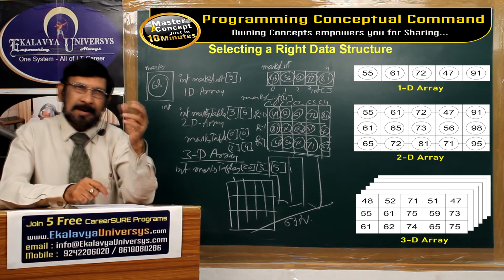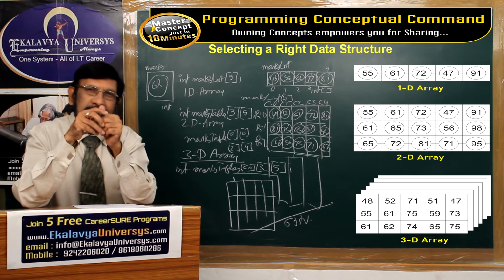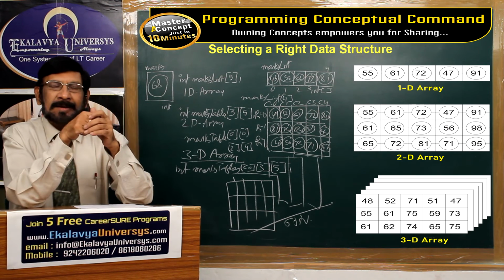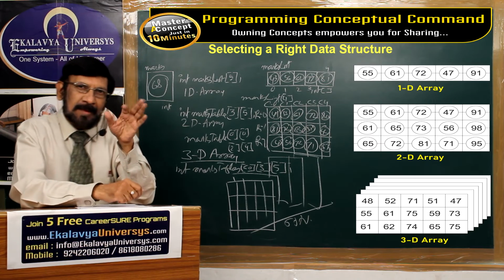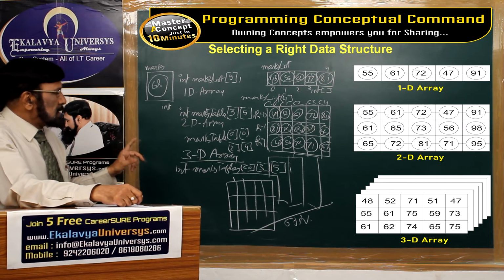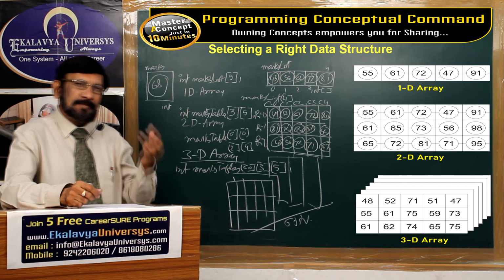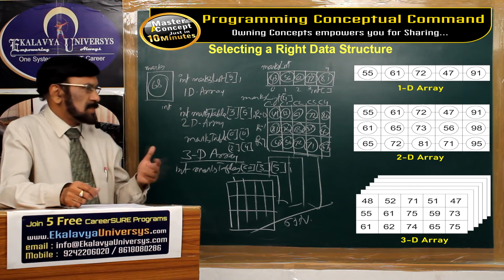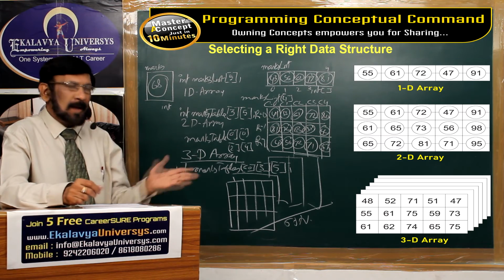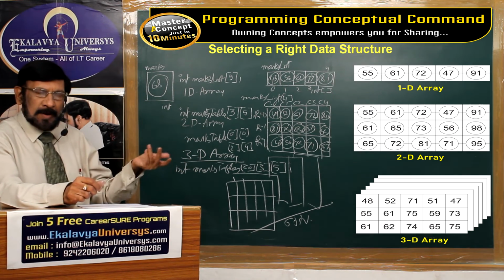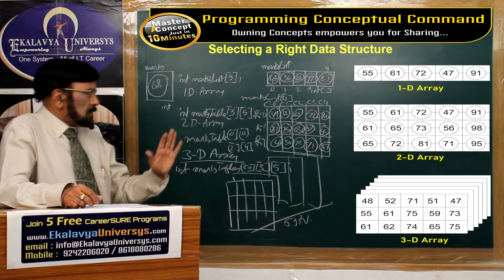Logically, depending on the nature of the articles you carry, you choose the container, the correct bag. Understand? This is a very, very important concept. In order to give a basic idea of which data structure to choose, I have given this example. Even if you do not know about arrays, you can generally understand.